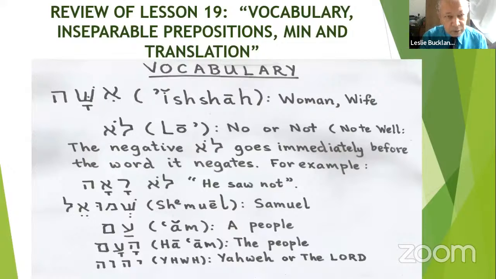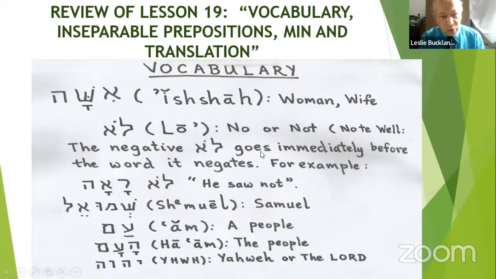Still in the vocabulary, this is the word that I used in the test, one of the words, Isha. Ish by itself is man, but Isha is woman, and it also may be translated as wife. Then this one, lo, Lameth, Aleph, and before the Aleph you have the holem, the long O sound, means no or not.